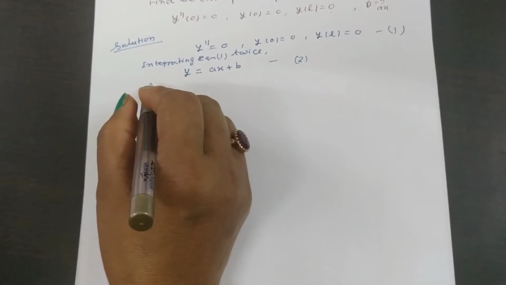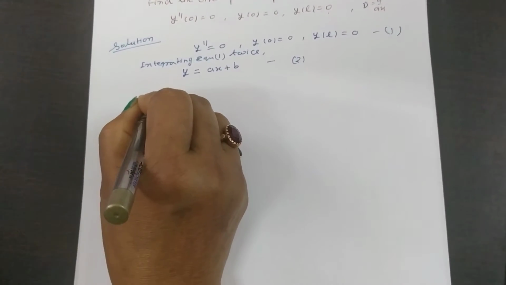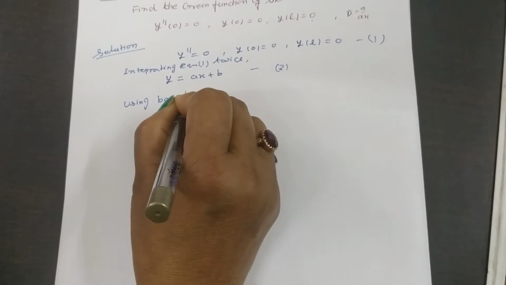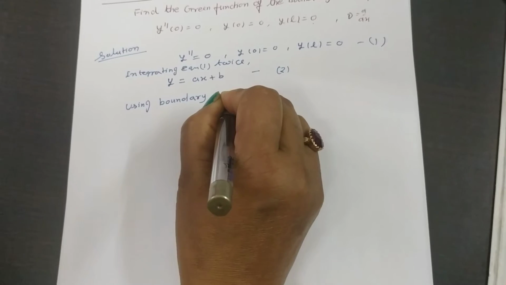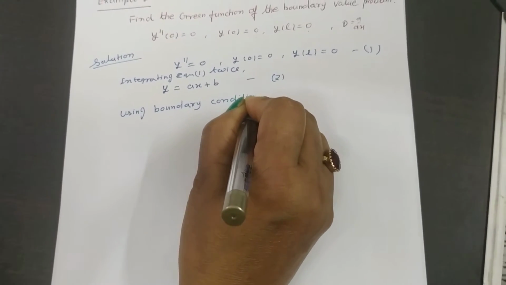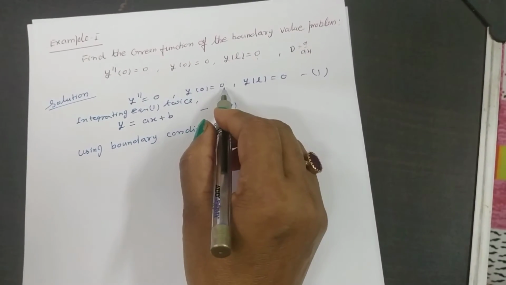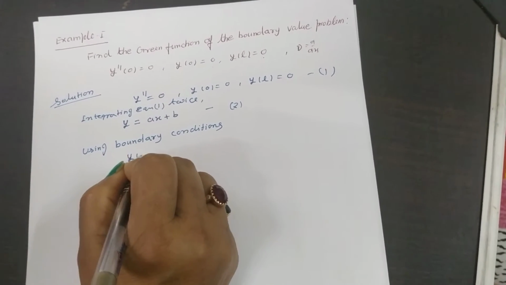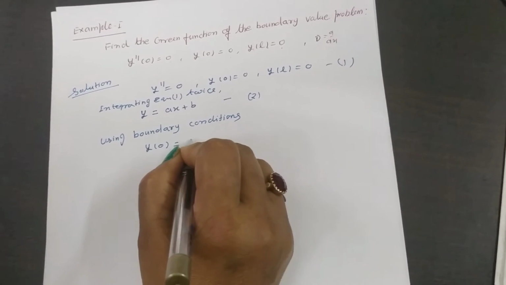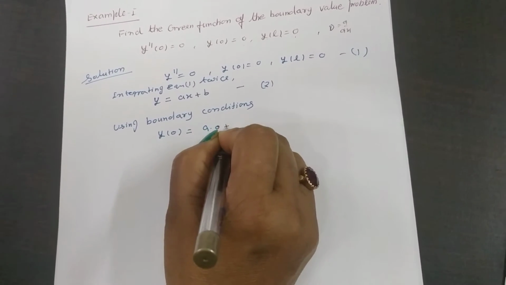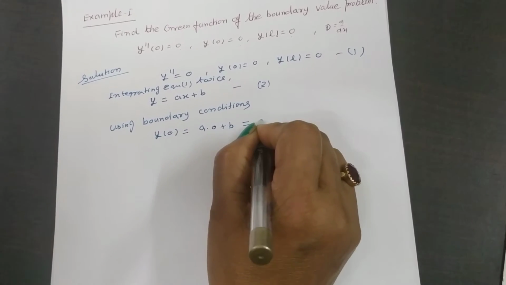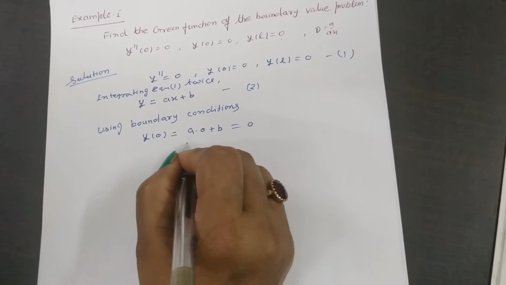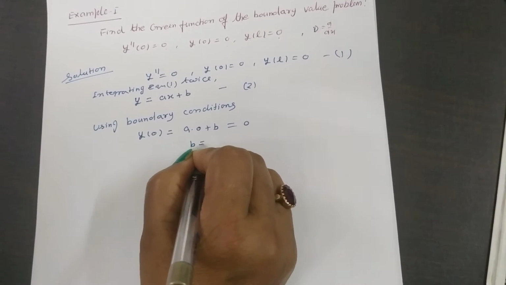Now we use the boundary conditions: y(0) is 0 and y(L) is 0. At the first point, using y(0), we get a times 0 plus b, which is given as 0. This implies that b is equal to 0.